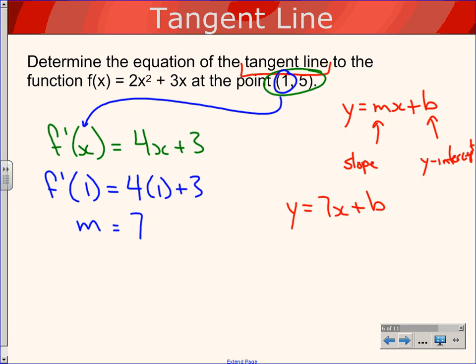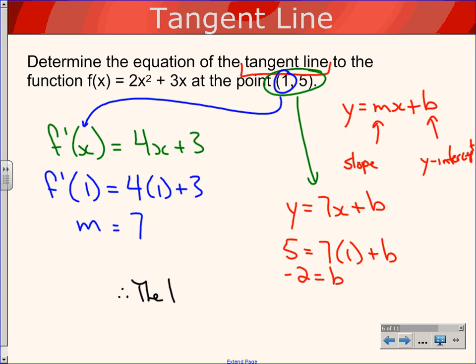The way you get your b value is by taking that point and subbing it into the equation. So your y value was 5, your x value was 1. And you solve for b. And that allows us to get the equation of the tangent line.